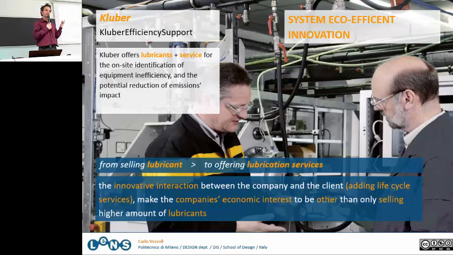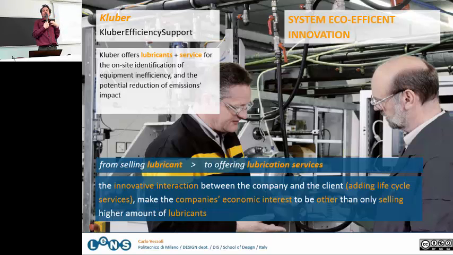This is business to business, right? Before changing the type of lubricants or the processes and so on, what changed is the business model, or in other terms, the interaction. I'm offering even a service, so my relation with the customer is different.